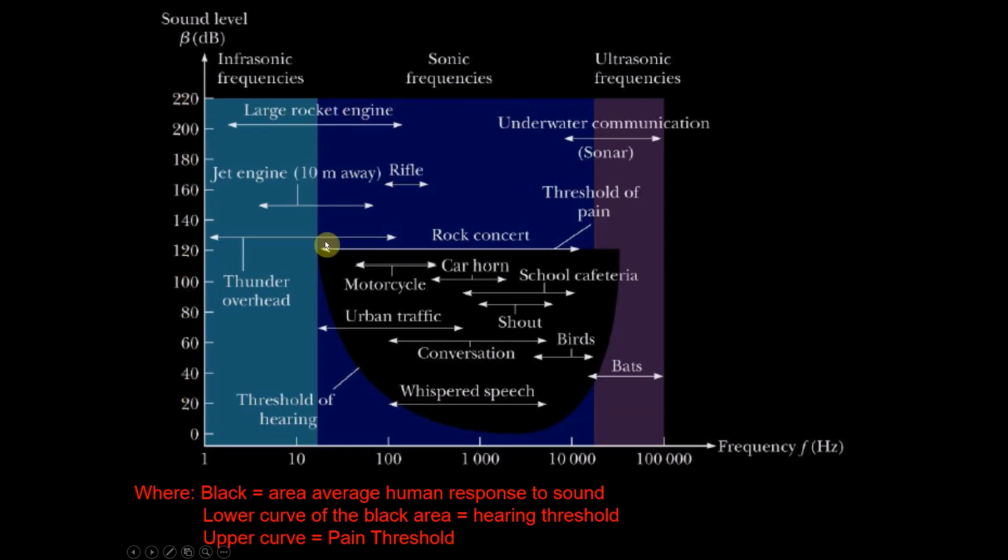Up here, this is infrasonic, way above where you would normally be. Here are the infrasonic frequencies, here are the sonic frequencies, and here's ultrasonic. When we start to get to ultrasound, these are frequencies that humans cannot actually register, but creatures such as bats can. The black area here is the average human response to sound. The lower curve is our hearing threshold, and the upper curve is our pain threshold.